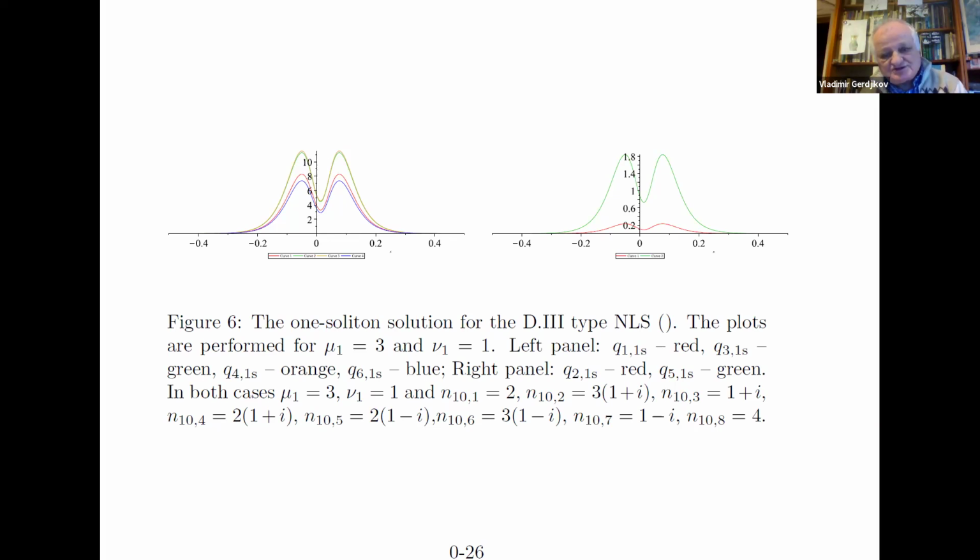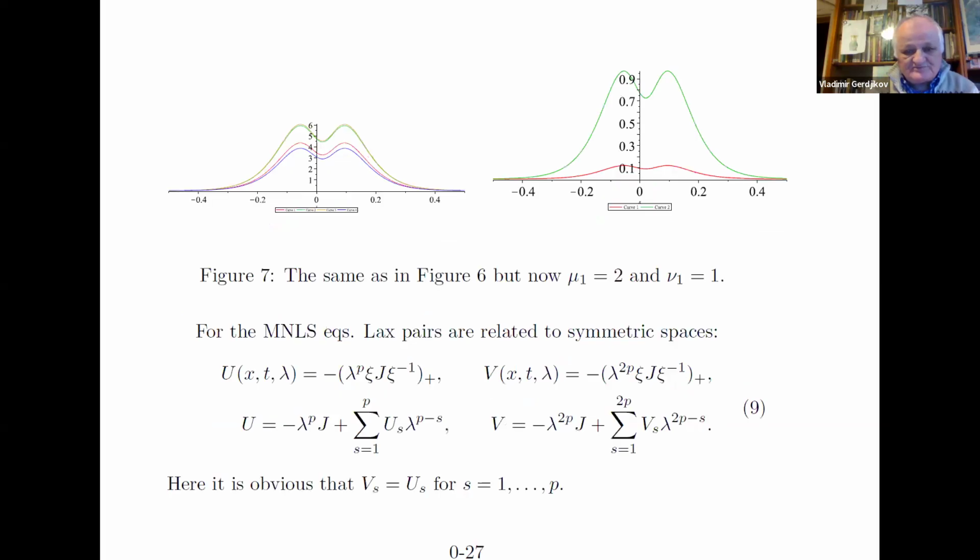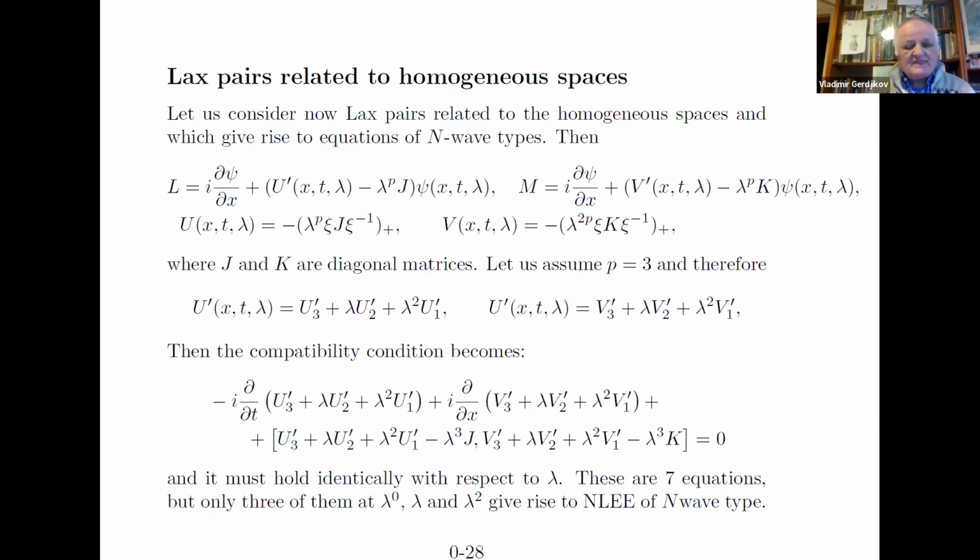What might be the physical effects of this? We still don't know, but anyway, we just present the fact. This is another plot for other values of the eigenvalue, mu1 equal 2, mu1 equal 1. Again, we have the same type of situation.